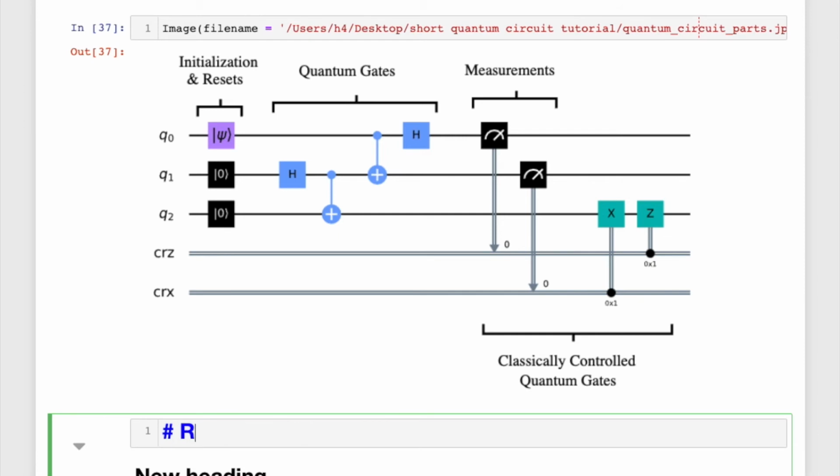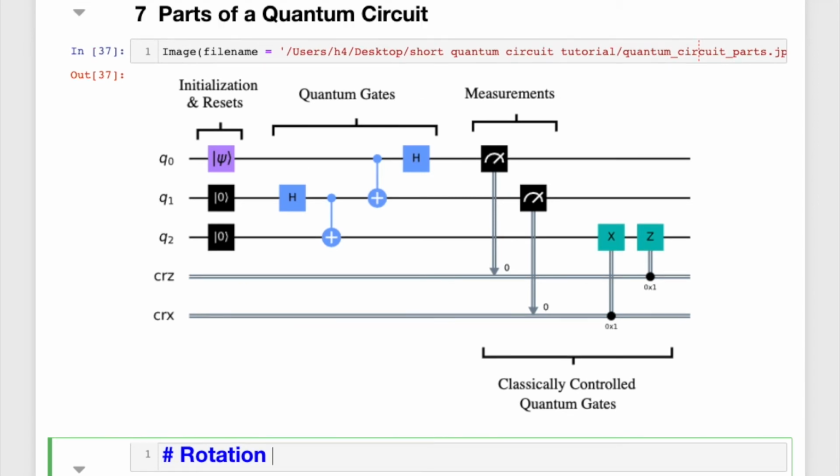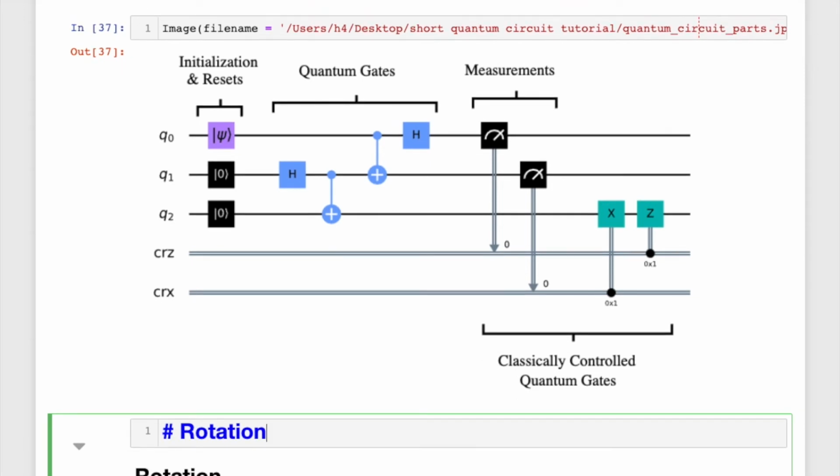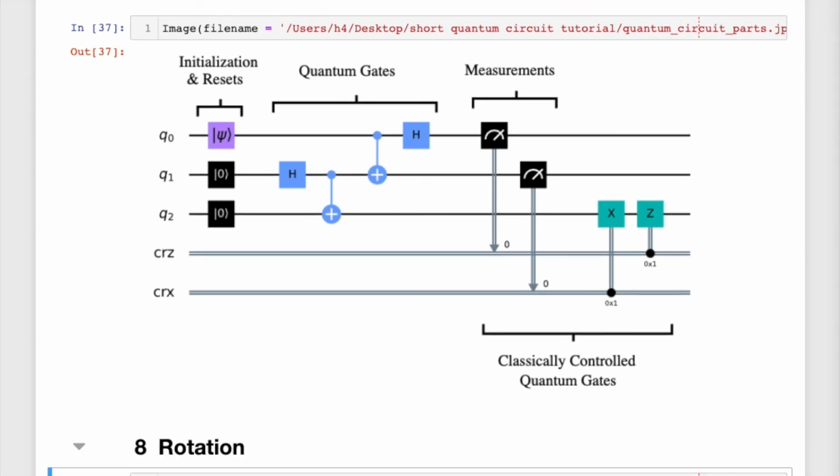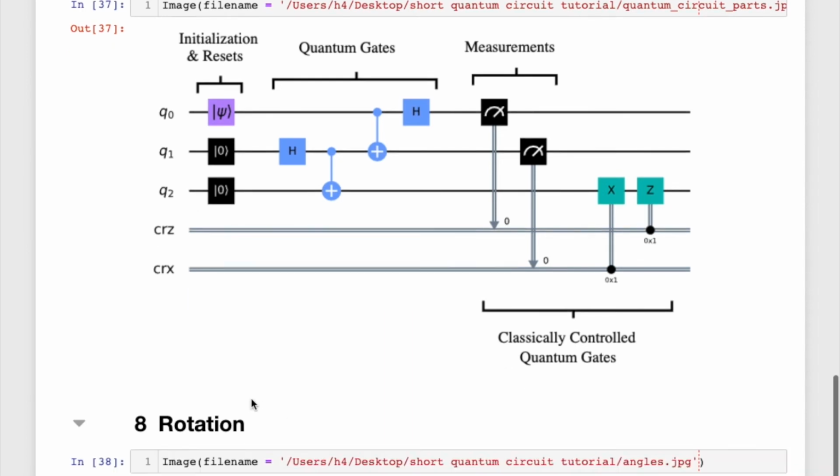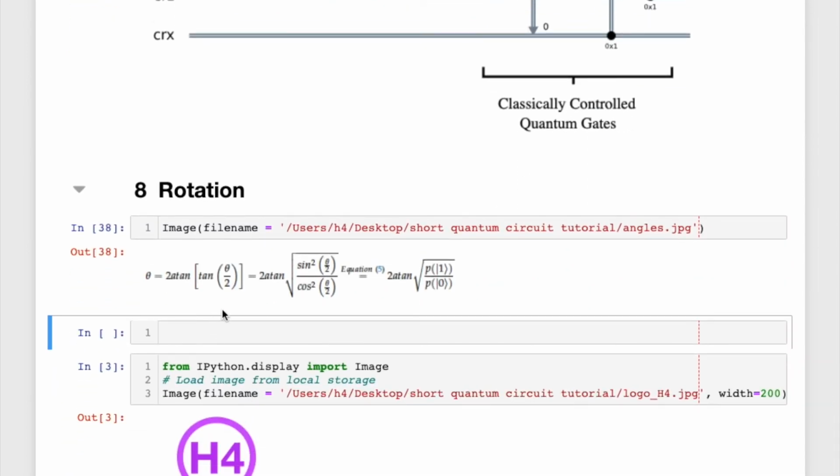And then we can now advance. What is the geometric intuition between rotations and probabilities? Okay. So if we look at, let's say, the geometry of the sphere, we can easily see this.